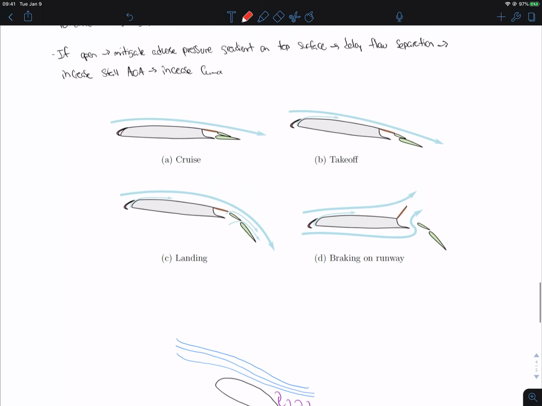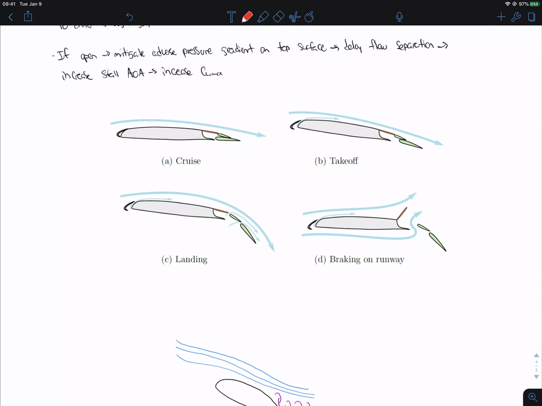And then from that, that's going to lead to stall. So basically, we don't want to stall out, of course. So what this does when we have this slat is we're increasing our maximum lift coefficient, so we can have more lift and also delay this flow separation because we're allowing some airflow to come in through the slat. Okay, so hopefully that made sense as well.